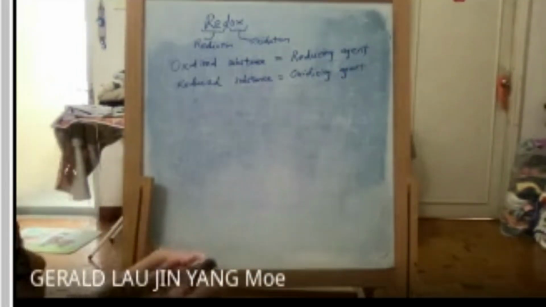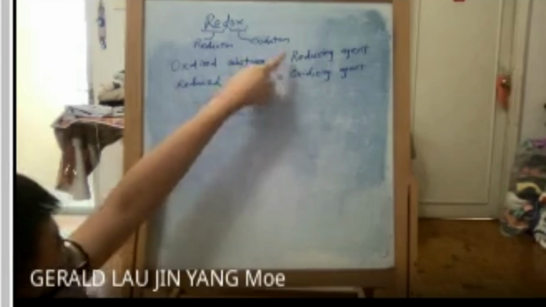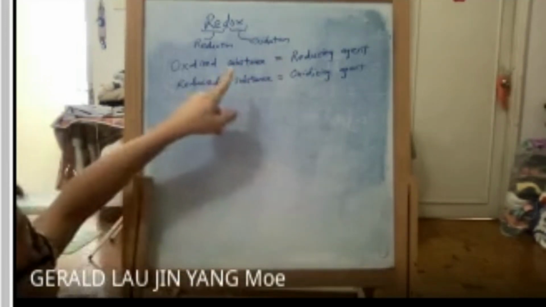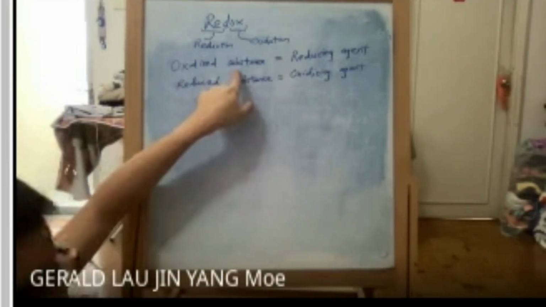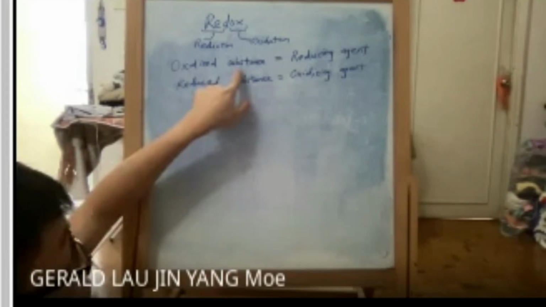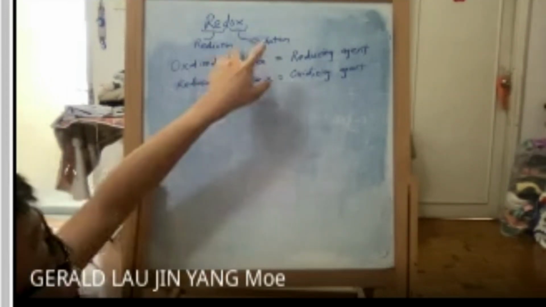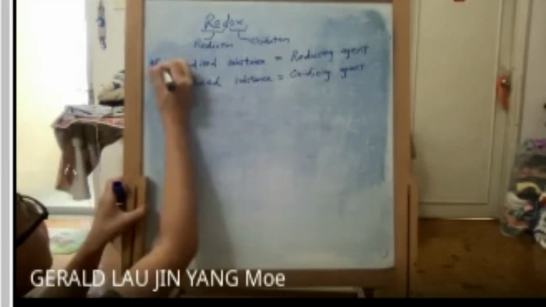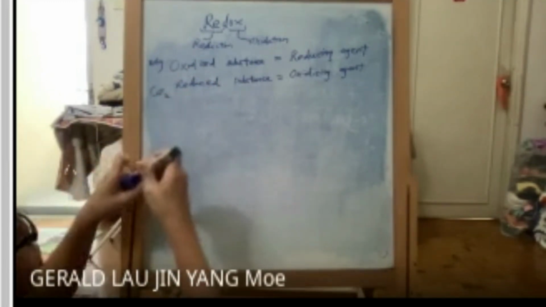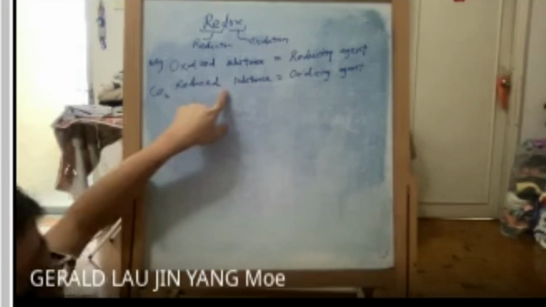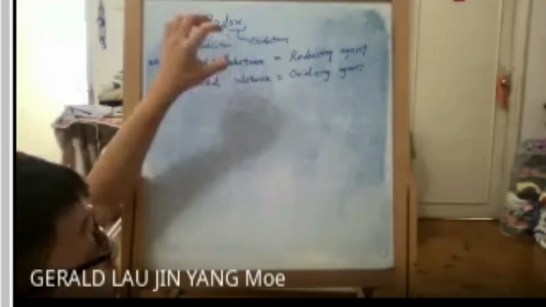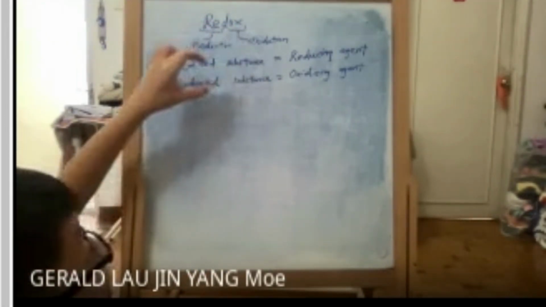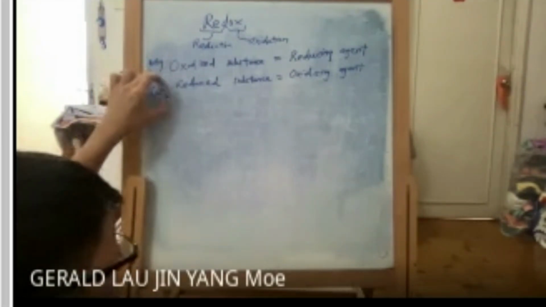Now, why is it called a reducing agent? It's because, you see, look at the example. Magnesium is the oxidized substance. Magnesium will cause the carbon dioxide to undergo reduction.